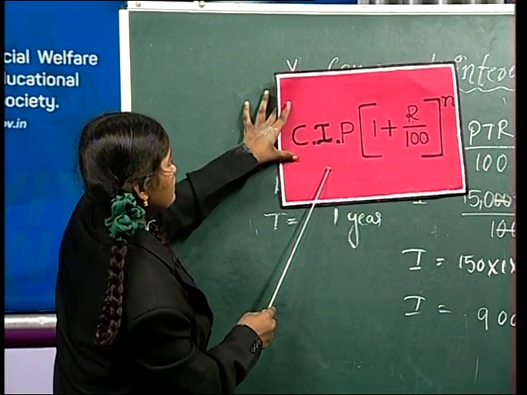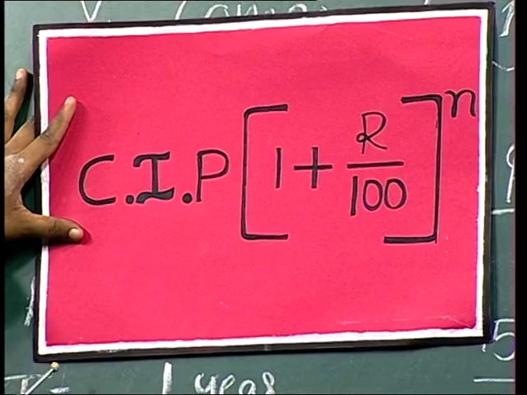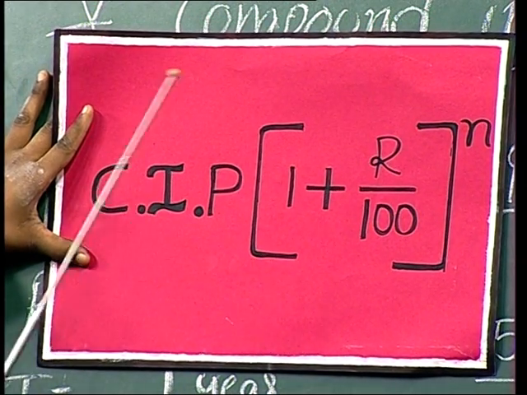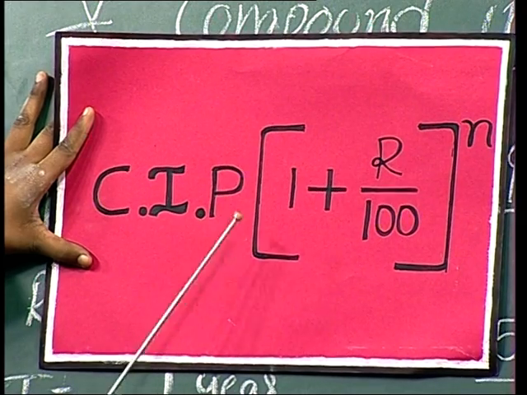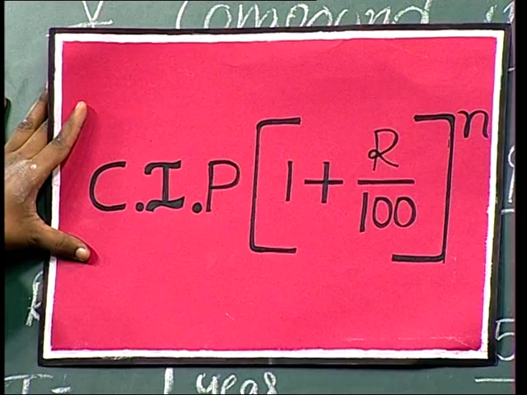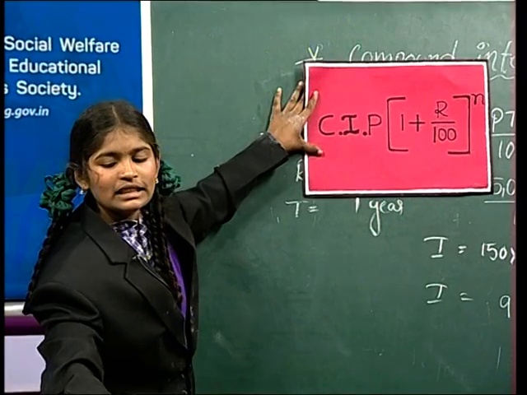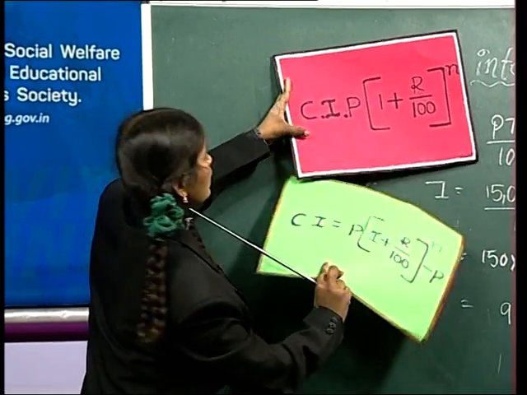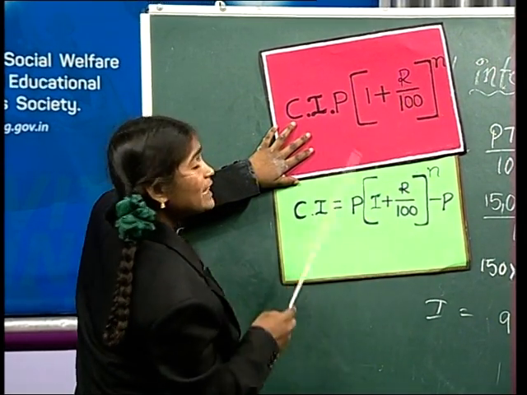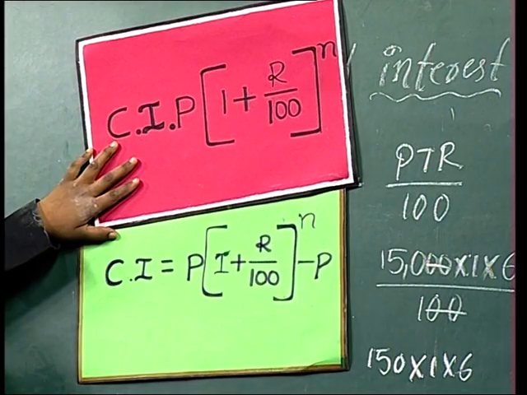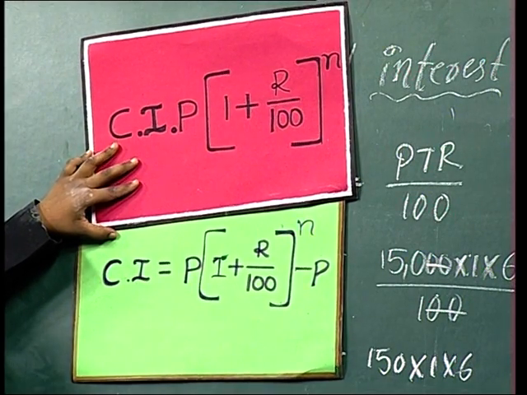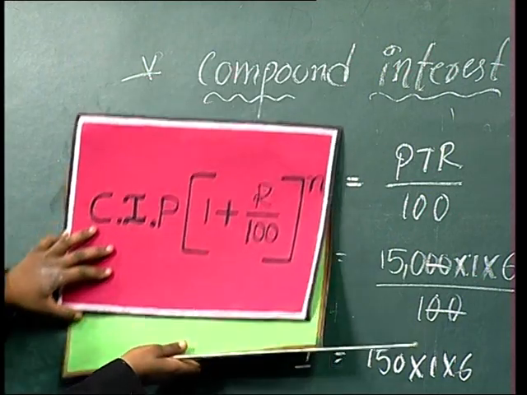And the next one, this is the amount formula: principal times (1 plus R by 100) whole power n. Friends, do you see the difference between the compound interest and this one? Here we are finding the amount, but there we are finding the compound interest. From the total amount we get the compound interest.